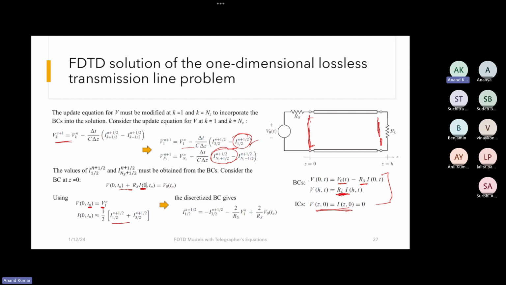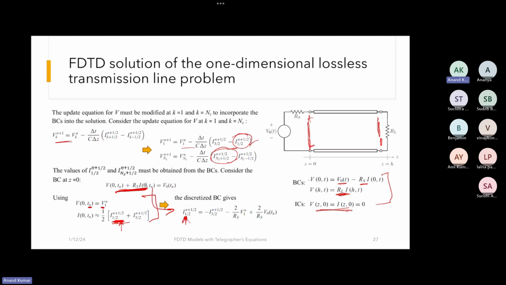So we are discretizing this and using this expression over here. From this we get the discretized boundary value. Since we do not have this particular value, we bring it to the left hand side, this is the unknown in this case, and we write all the knowns in terms of the unknown value.